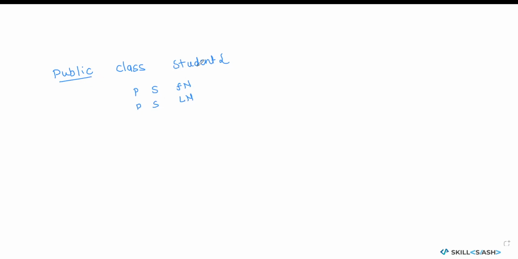And this is my main class from where, let's say, I'm starting execution. As it's the main class from where everything gets started, your public static void main should be over here.